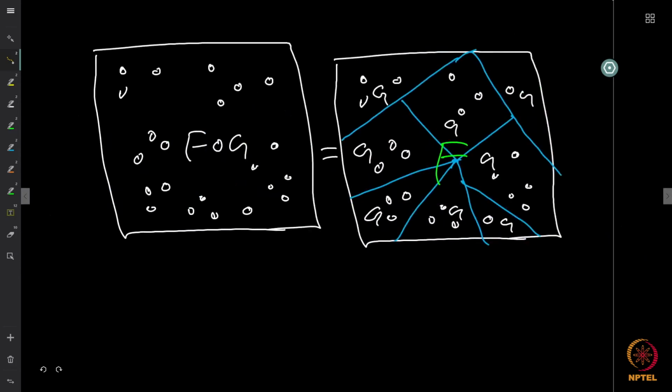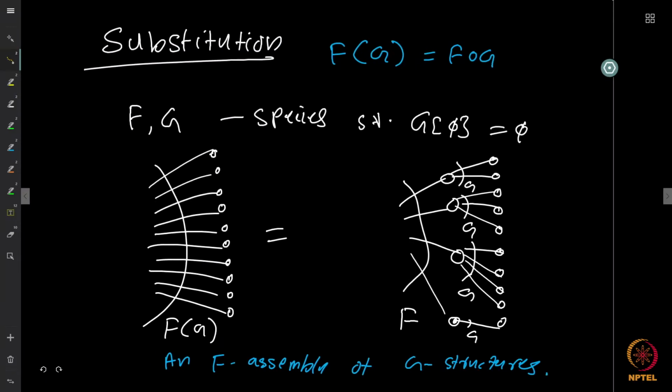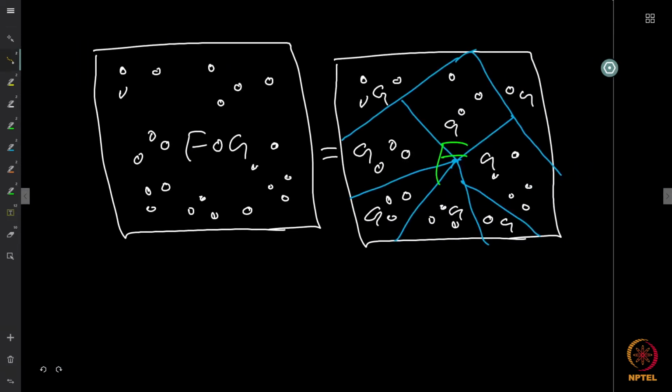Now it should be clear why we need that G of empty set to be empty, because if that is not the case, we should be able to partition the set U into any number of parts, because you can have empty sets as sets.